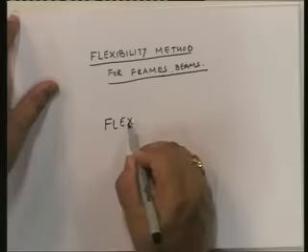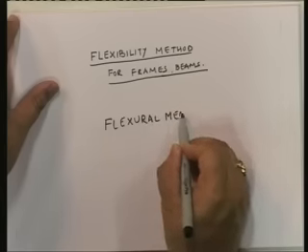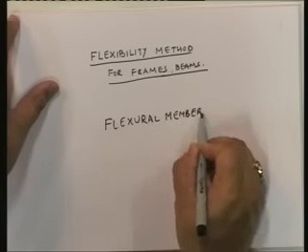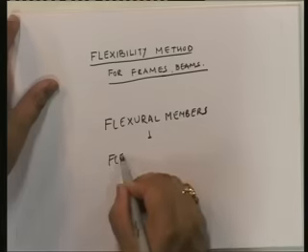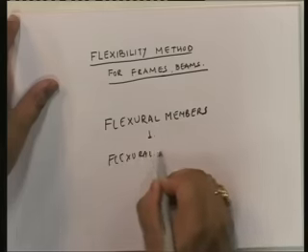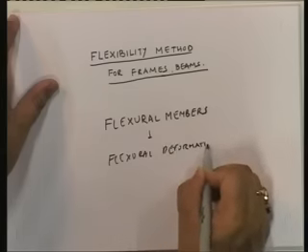The essential difference between what we did for truss last time and what we are doing for beams and frames is that they are flexural members as opposed to axial members. In other words, flexural deformations.